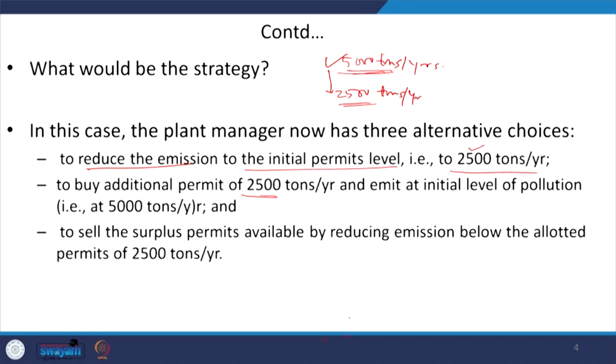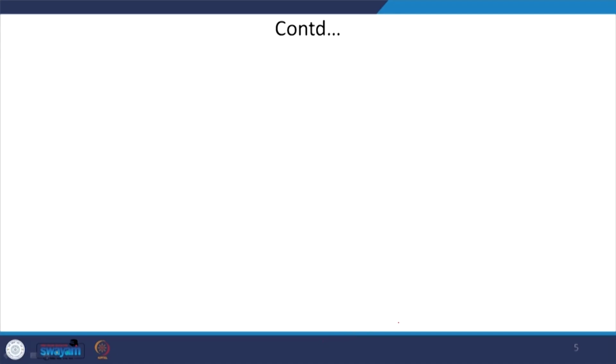The third alternative is that the manager reduces emissions below the allotted limit of 2,500 tons per year, and the surplus can be sold in the market. So, these are the three alternative choices in the cap and trade scenario.